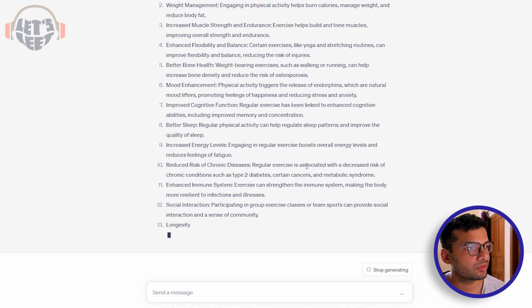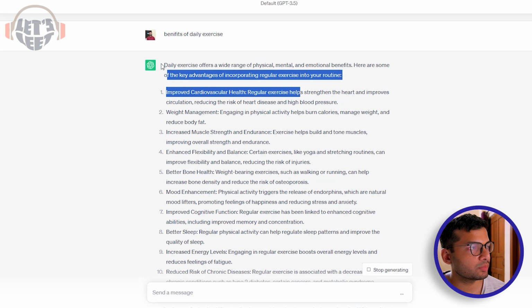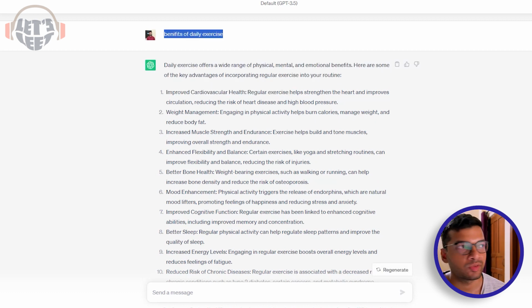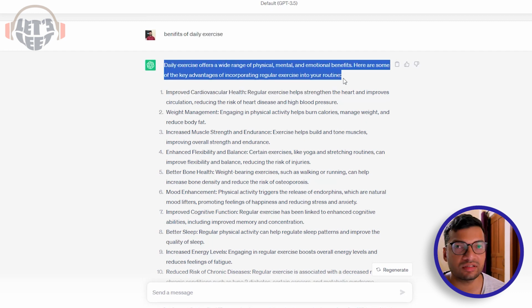Although it gave me quite a to the point answer, but मेरे question पूछने का purpose ये नहीं था. I actually wanted to, let's say, write a blog or an article on benefits of exercise. So although ये मुझे answer मिला है, it is not in parallel to my purpose.